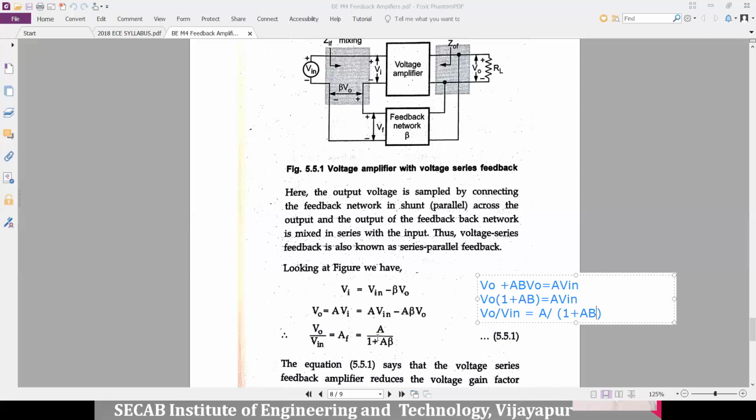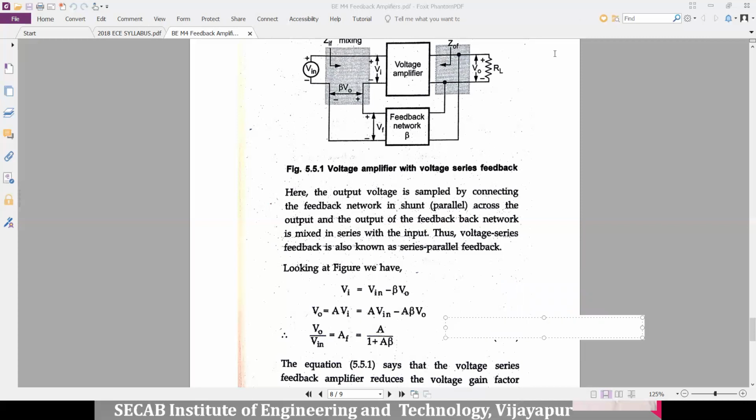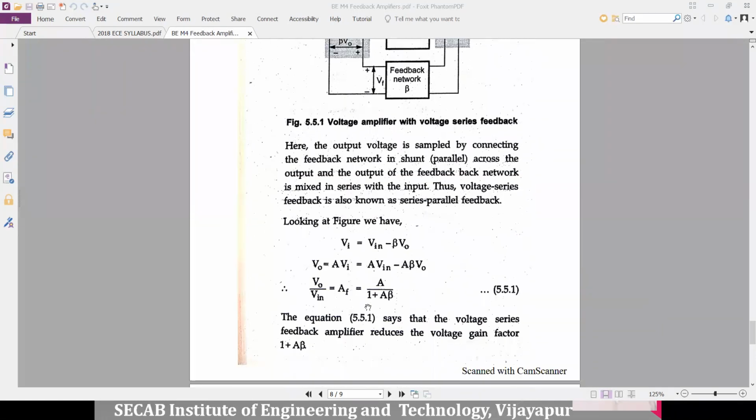So that is what is written over here. V naught by V in is equal to AF, that is the voltage gain, is equal to A divided by 1 plus A beta. Now this expression signifies that the gain of the amplifier reduces by a factor of 1 plus A beta.